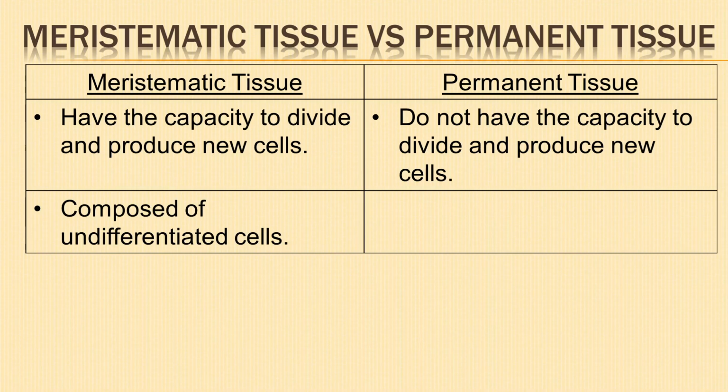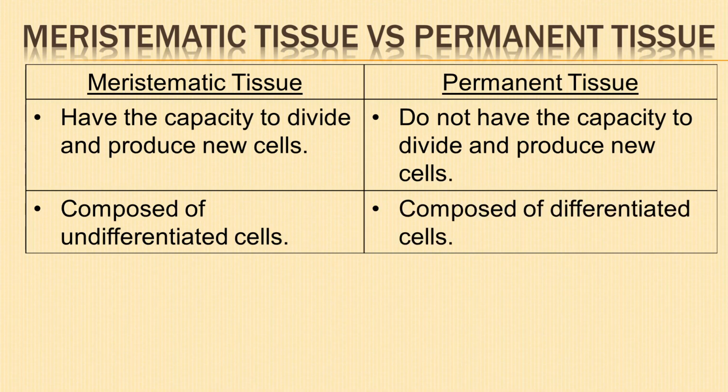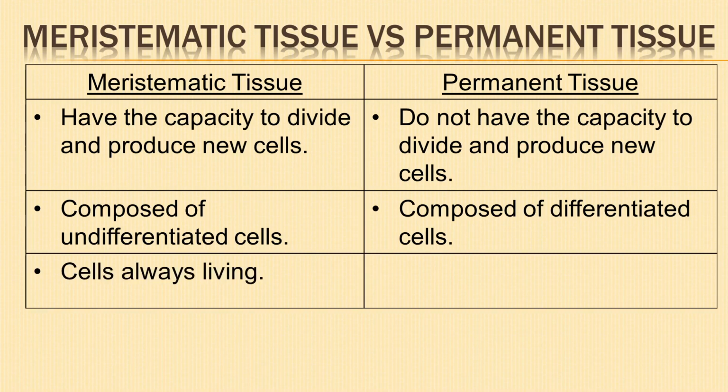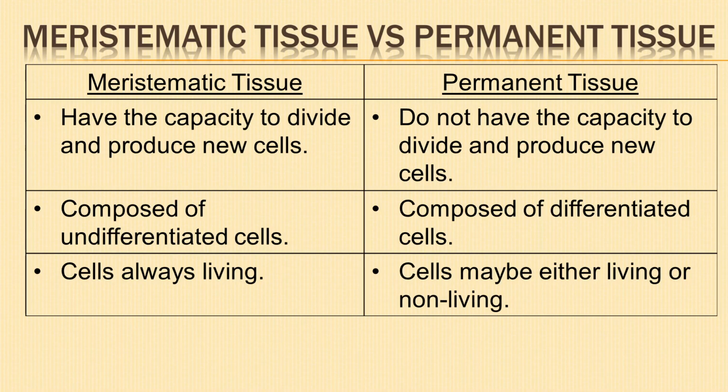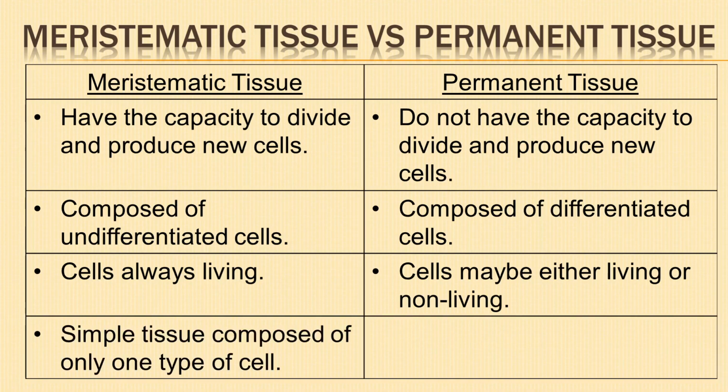Meristematic tissues are composed of undifferentiated cells. Permanent tissues are composed of differentiated cells. Cells of meristematic tissue are always living. Cells of permanent tissue may be either living, example parenchyma, or non-living, example sclerenchyma.